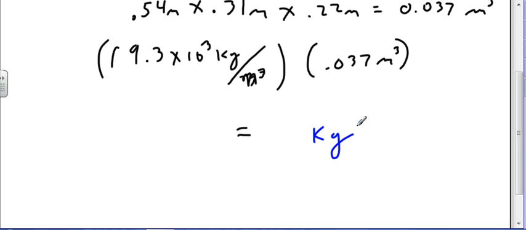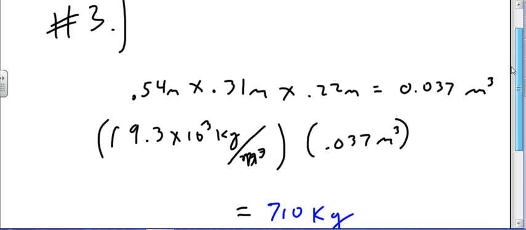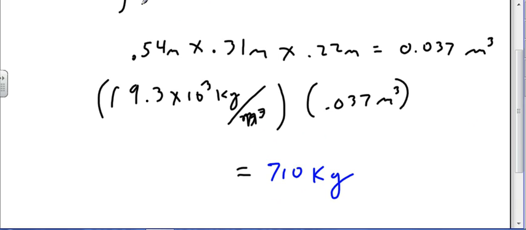And it looks like we have 710 kilograms. And probably not something you're going to want to pick up and walk away with. It's a little heavy.